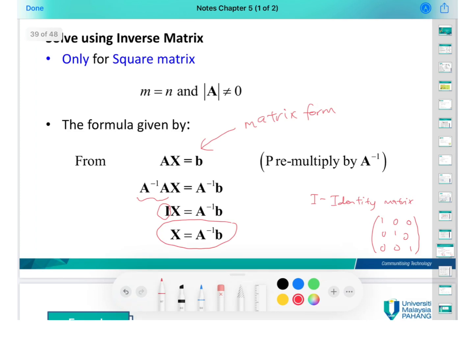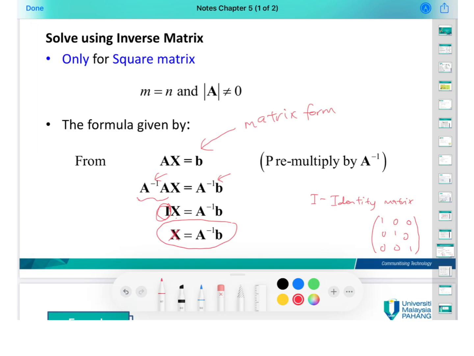So when I multiply A inverse with A, I will get the identity matrix. And if you multiply A inverse to the left hand side, then you should multiply A inverse to the right hand side as well. The identity matrix multiplied with any matrix gives the matrix itself again, because it is the identity.